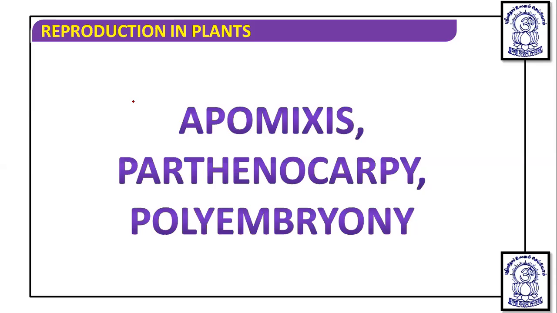But dear students, apomixis is an important type of event where you can see there is no meiosis, there is no fertilization, but still the embryo is going to be produced. So it is something different. So let's talk about this.